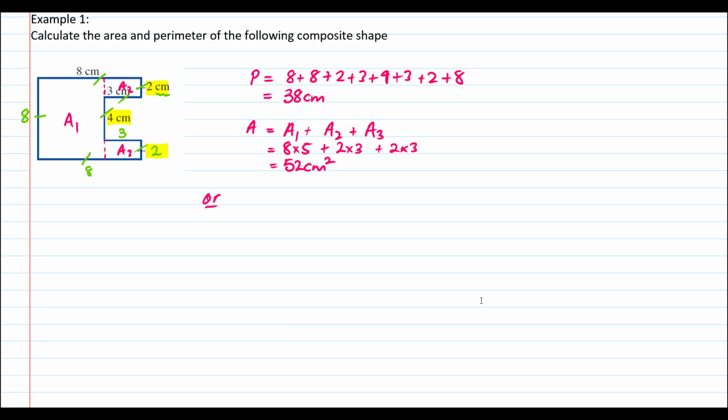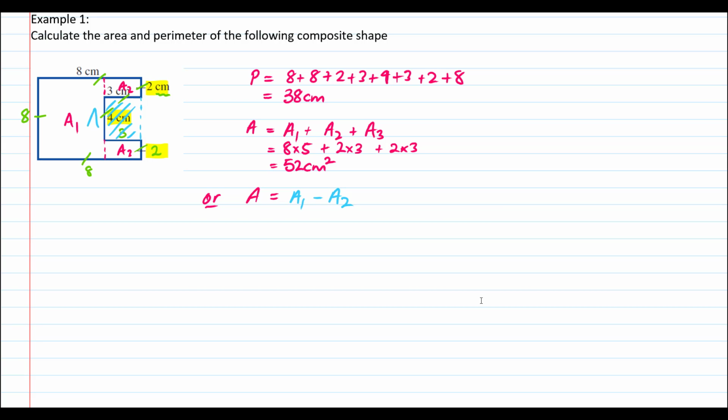Or the other way, which is actually often more simple, is to look at this, and I'll do this one in light blue, so look at this as one big shape and then take away the area that we don't need to count. So I'm going to write this down as area 1 minus area 2.